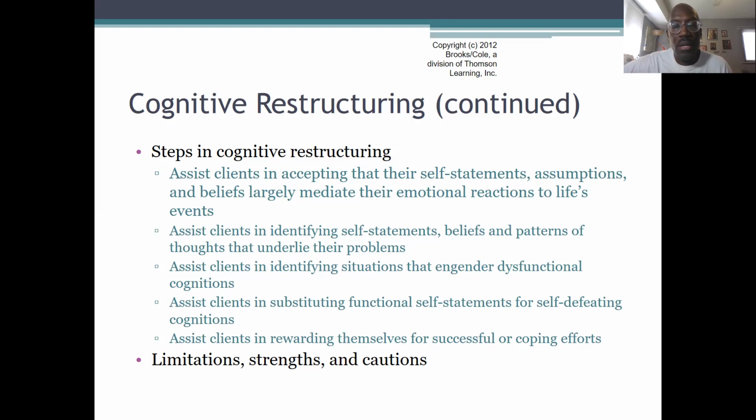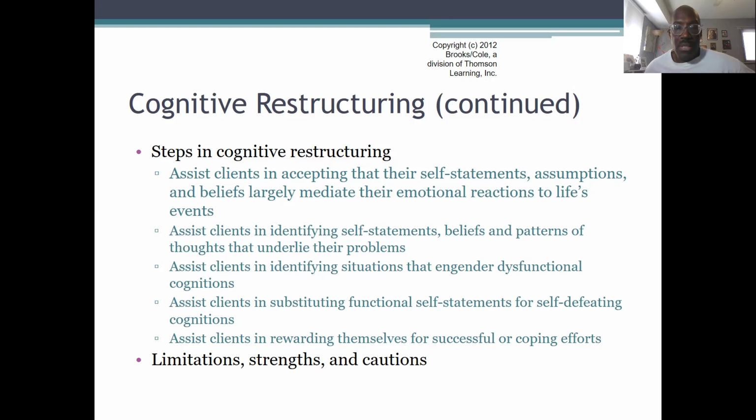So recognizing that piece is very important for our clients. It's also being able to identify the dysfunctional cognitions, to sort them out and figure out what they are, and to help clients substitute functional self-statements for self-defeating cognitions, and also to assist clients in rewarding themselves for those coping pieces.